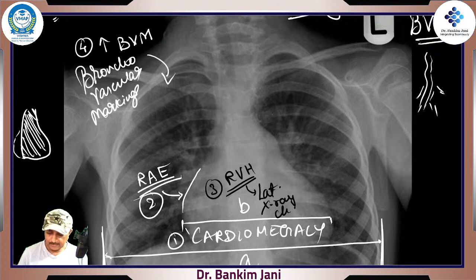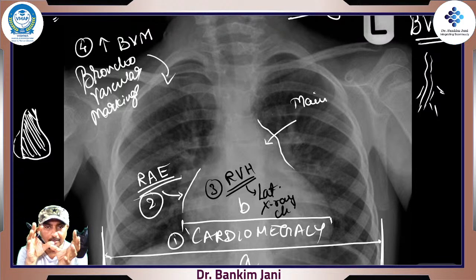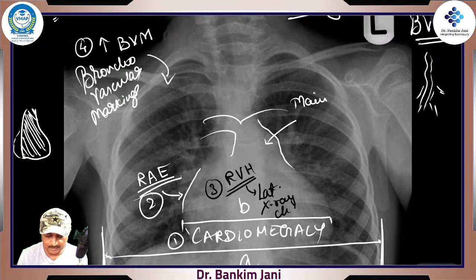And see this, right? This one, this is our main pulmonary artery. So that pulmonary trunk, as it goes right over here, it is prominent because again the high pressure.